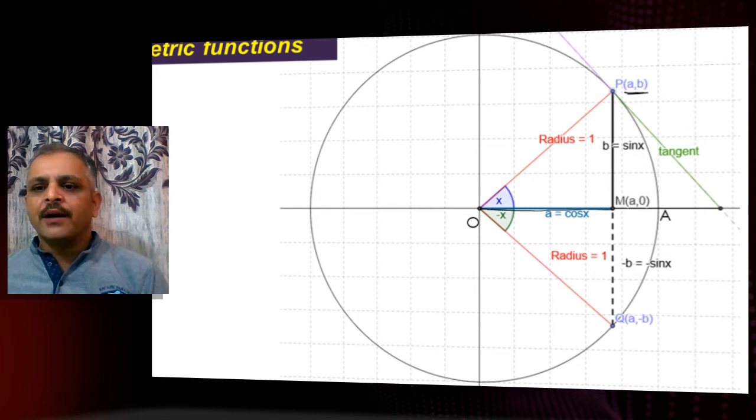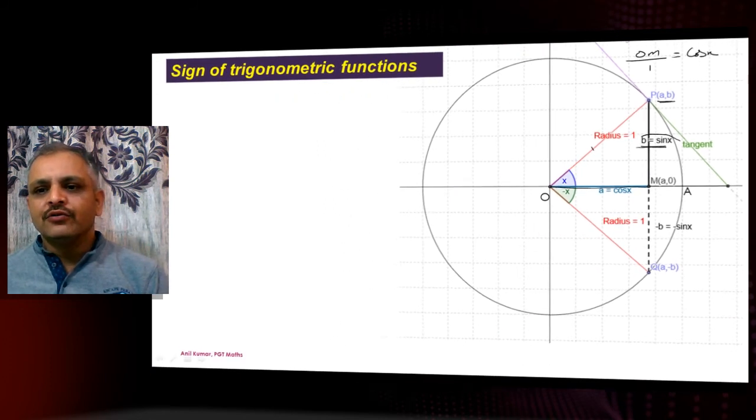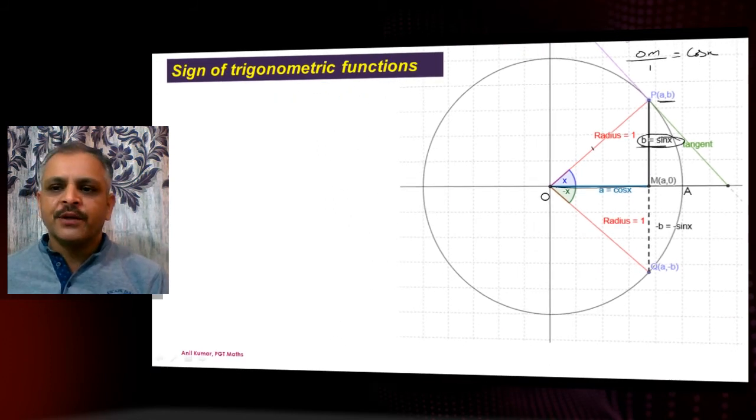So this a will become cos x, because OM upon hypotenuse, which is 1, gives cos x. And this perpendicular PM will have the length b, which is equal to sin x. So the value of sin x is b and the value of cos x is a.